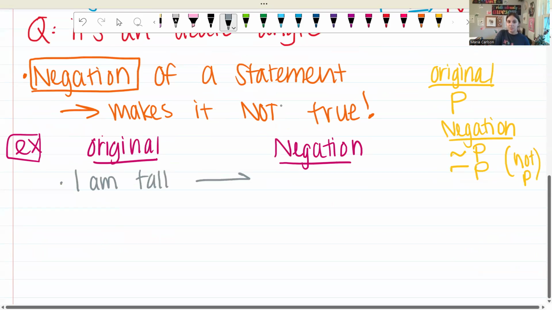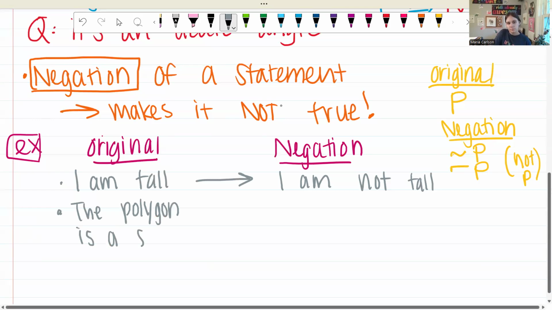The negation of that would be, I am not tall. Another example, a math example: the polygon is a square. The negation of this statement, the not version, is the polygon is not a square.